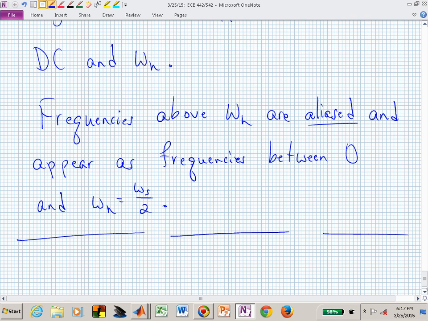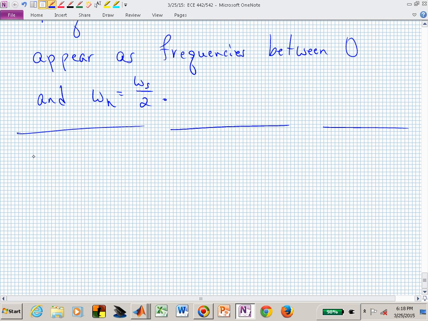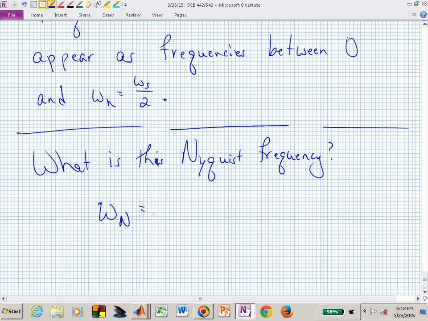So now we're saying that that Nyquist frequency is actually that highest frequency omega sub h, which is omega sub s over 2.